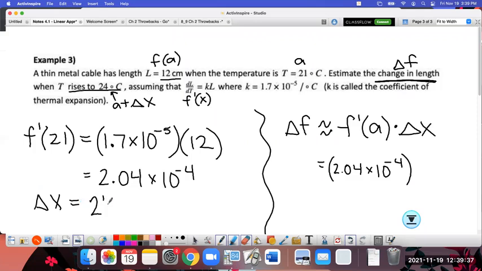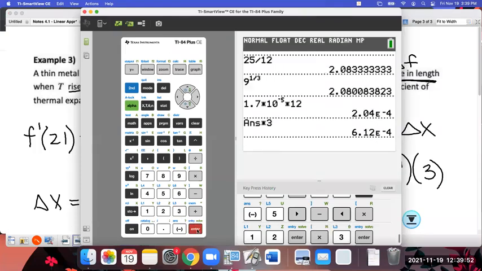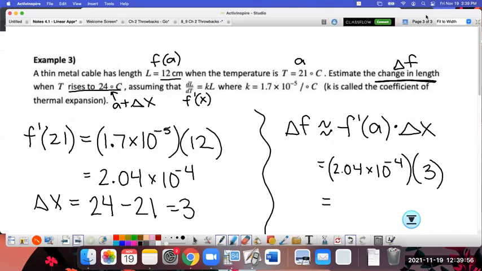So that would be my 24 degrees Celsius minus my 21, which gives me a difference of 3. Okay, so 6.12 times 10 to the negative fourth.